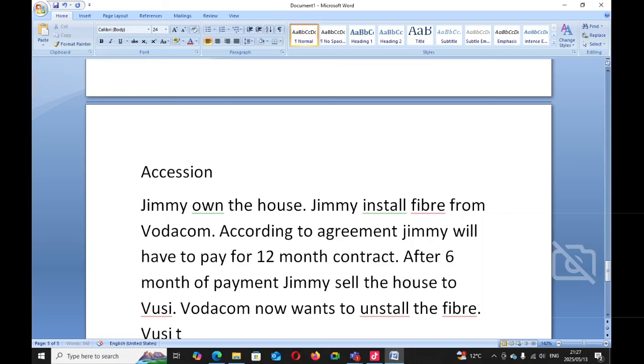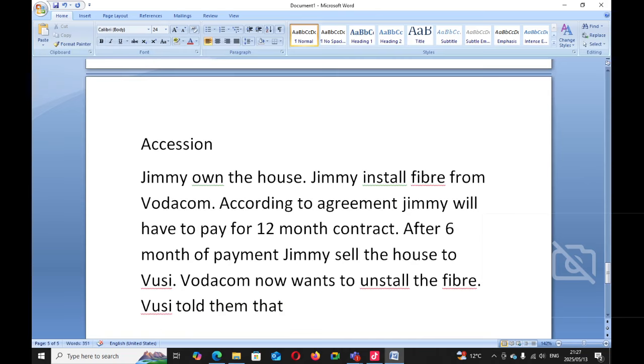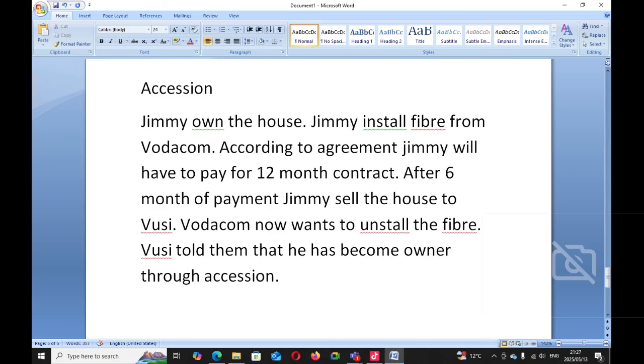Vusi told them that he has become owner through accession. Which case can Vodacom rely on to win the case?